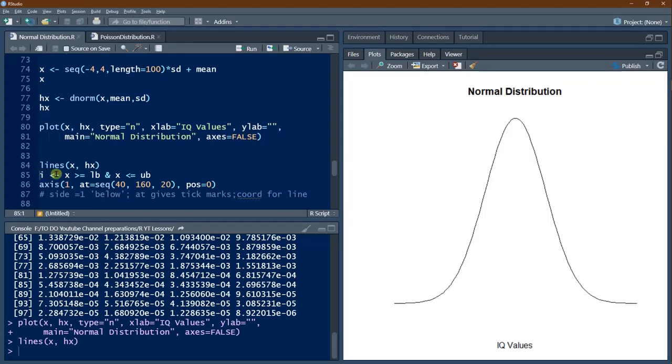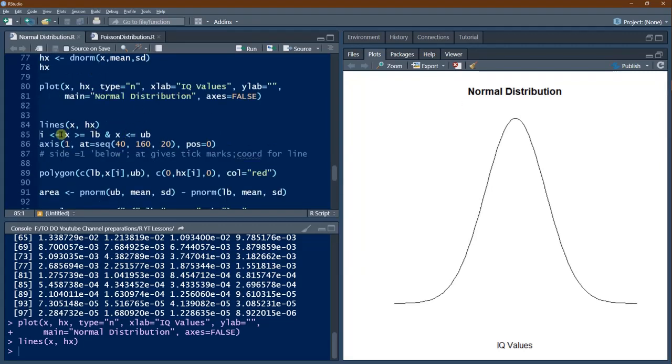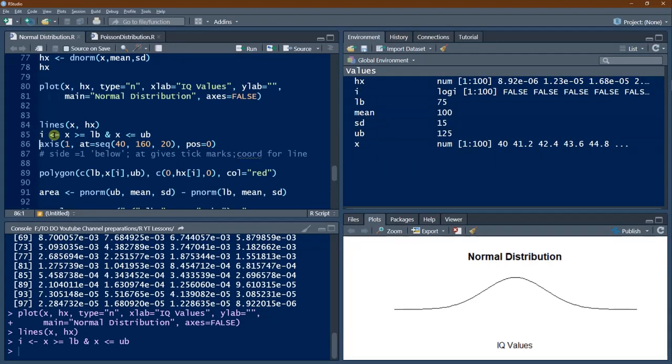I is defined now with all the points x greater than or equal to LB, that is above the lower bound, and x less than or equal to UB, that is lower than upper bound. 75 and 125, upper bound and lower bound we have defined. In between these two, all the points are stored in I. Here we have to note the I's are logical values, because we have asked the question x greater than lower bound and x less than upper bound.